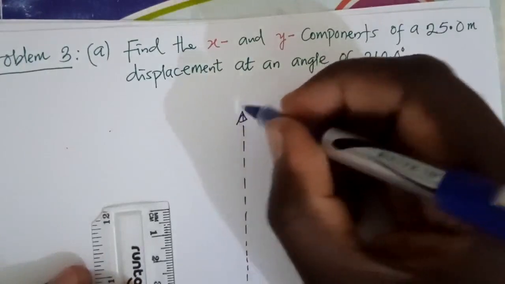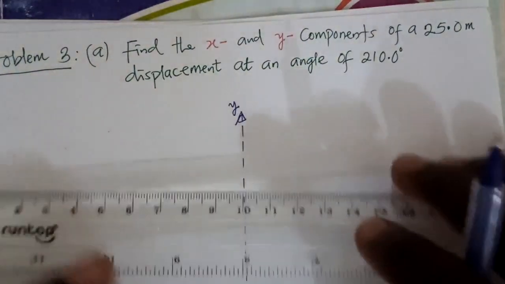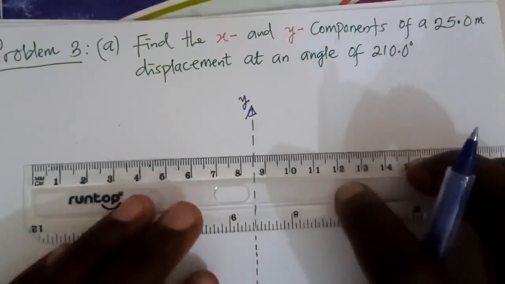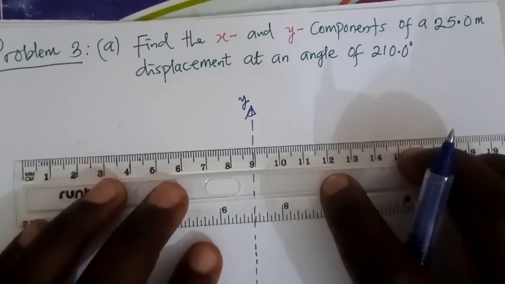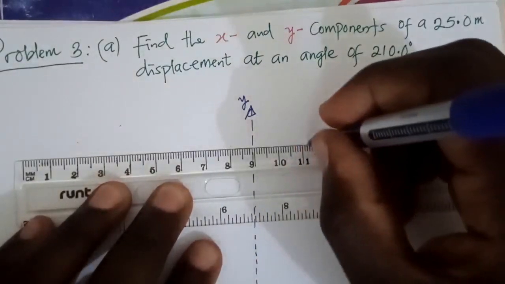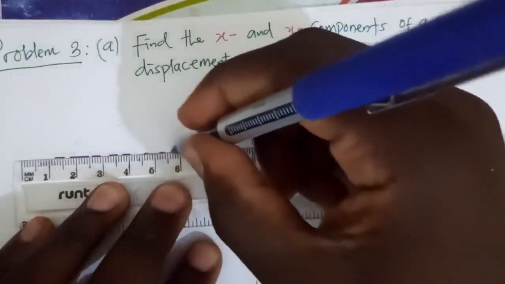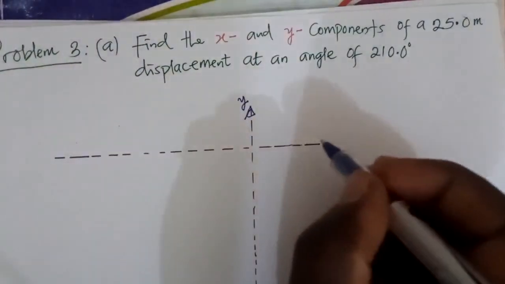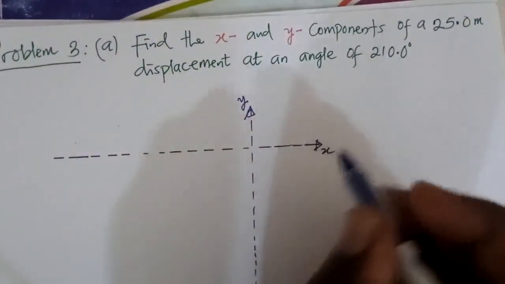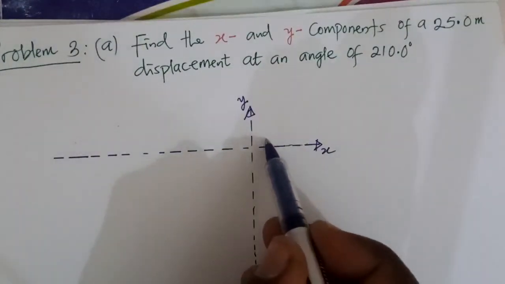Okay, this is my Y plane. Then I will now use here, okay, this is my X plane. So I measure from here to here is 90.